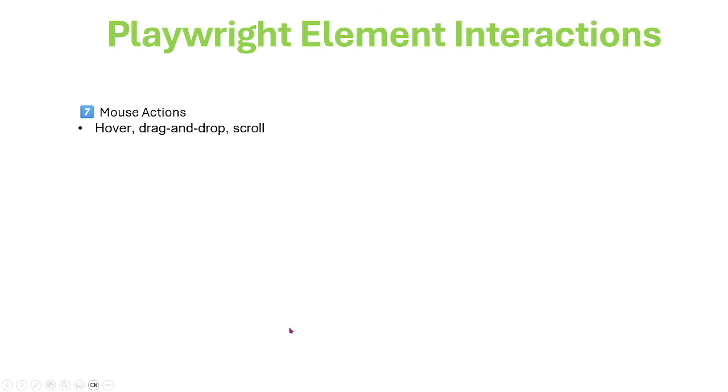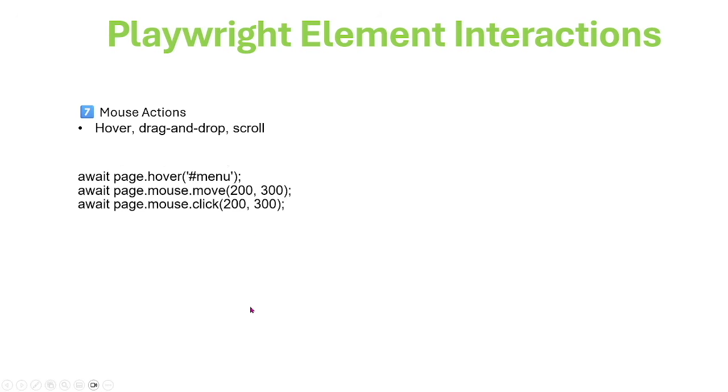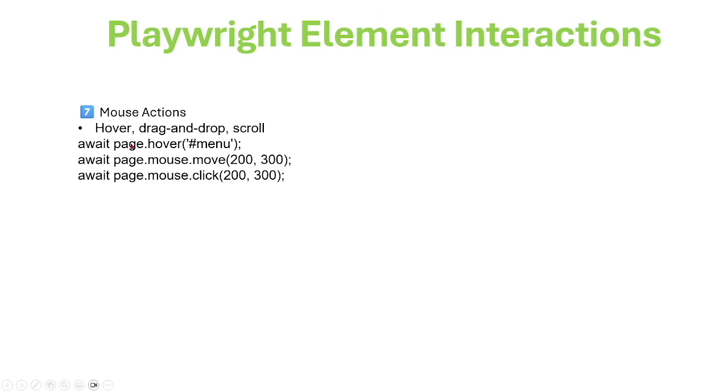Mouse action: hover, drag and drop, scroll. Await page hover to this web element. And here is mouse move to this position, and mouse click this position. Assertion with interaction.